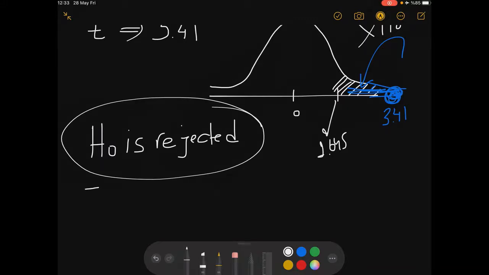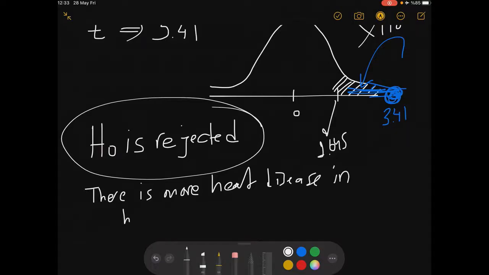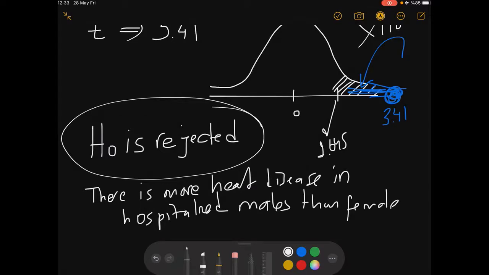What does it mean? The answer to your question: there is more heart disease in hospitalized males than females. All right, but be careful with your conclusion. In hospitalized, what we're talking about is between hospitalized people. Within those hospitalized people, males are found to have more heart disease than the females.